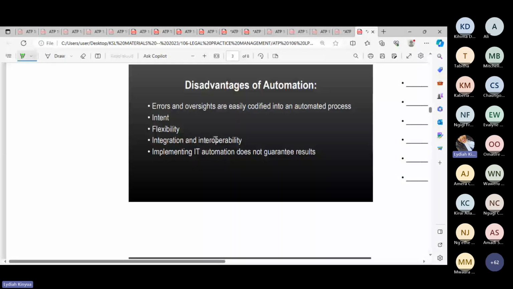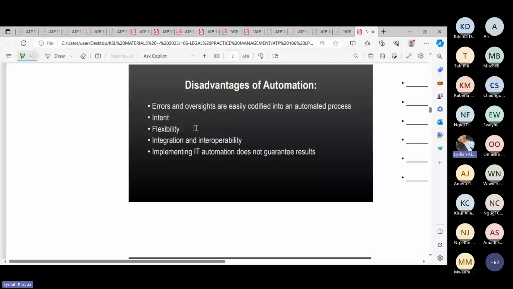There might be some errors, some oversights, because there's no human to actually check what you type. You might type a client name, and maybe there are 2 units in that farm, and then you update the wrong unit. You might also unintentionally do something and then be unable to undo what you've done. We lack some sort of flexibility.